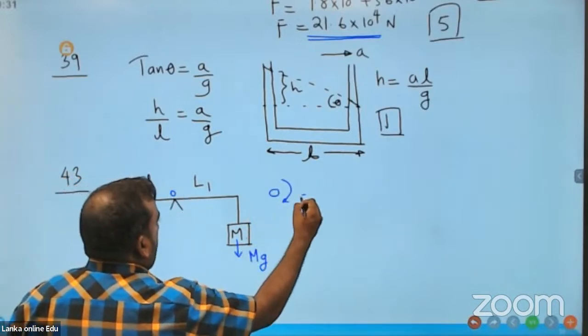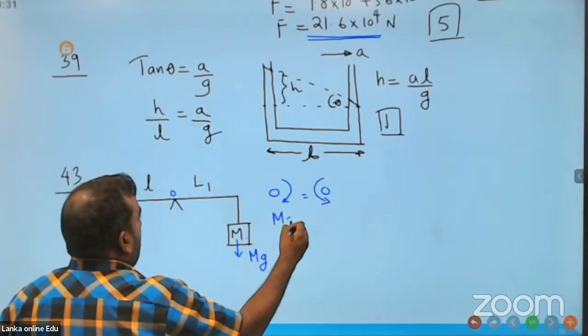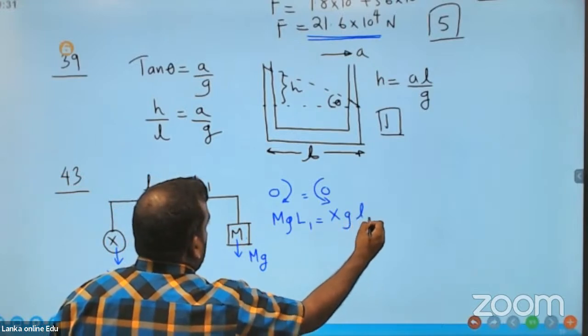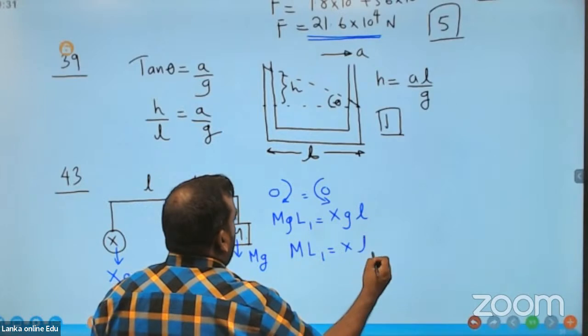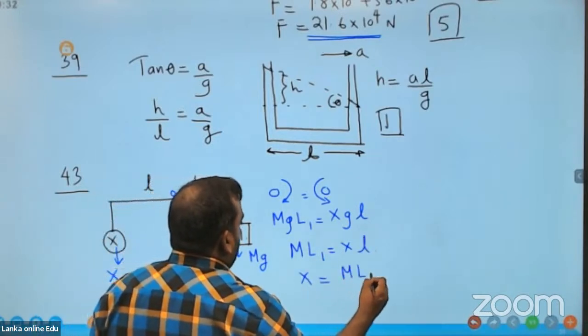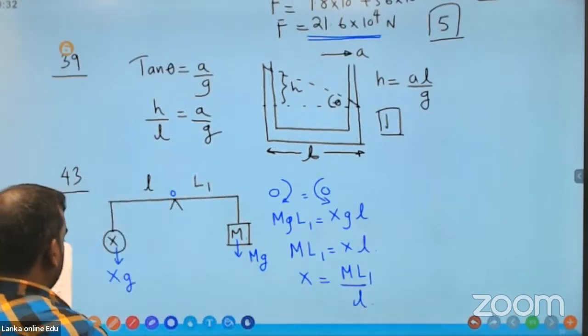Clockwise moments equals anti-clockwise moments. Clockwise moments, capital Mg L1, anti-clockwise moments, Xg into simple L. The g's cancel off, M L1 equals X simple L. X is going to be the true weight, M L1 divided by simple L. True mass.